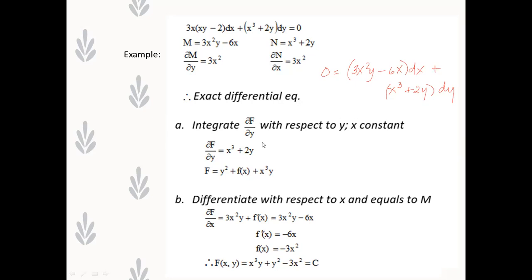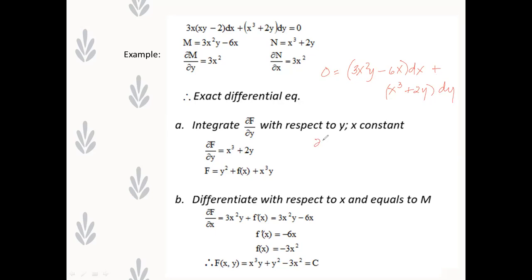But this time we will partially integrate your N, which is the partial derivative of f with respect to y. So this is your N, and it's in here. If you integrate it with respect to y, you will have here x cubed y. So I will write it here so it would be clear.